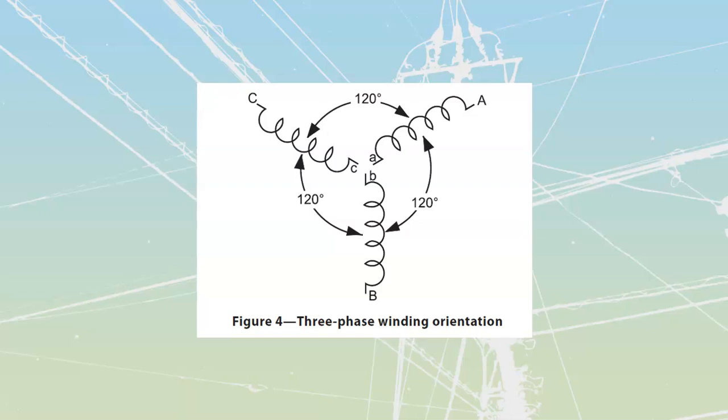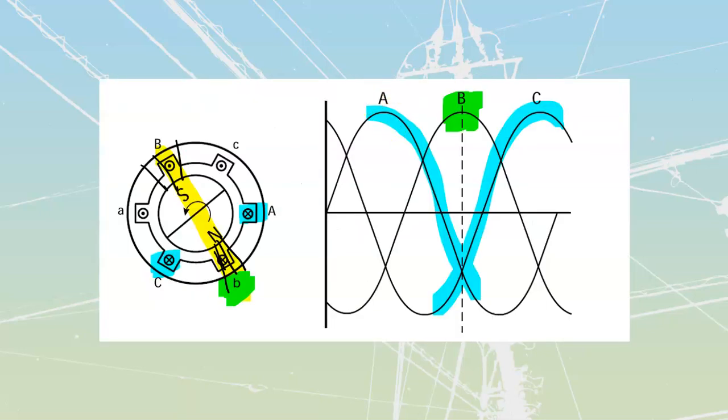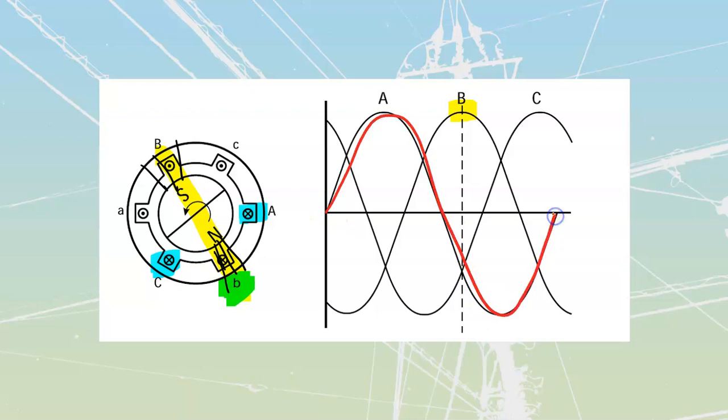So if we go back to one of these drawings over here, we'll just go back to this one. And if we were to take a look at my A, we'll just highlight over top of the A, like that, that there would be 360 degrees. 360 degrees divided by 3 equals 120 degrees.